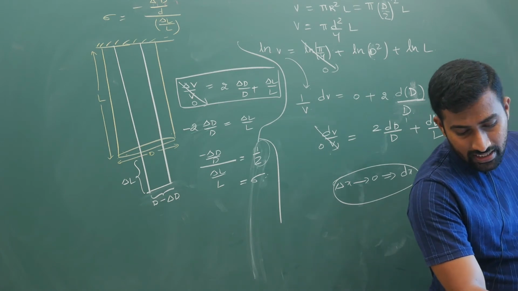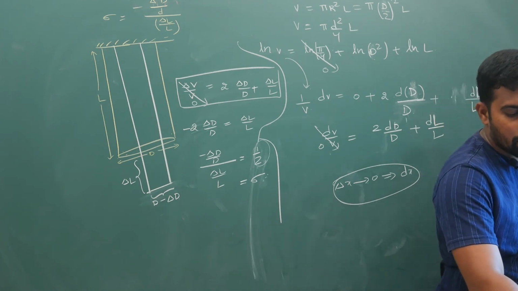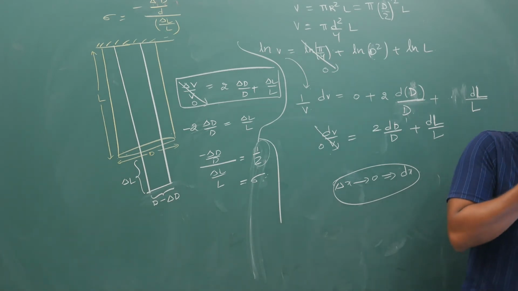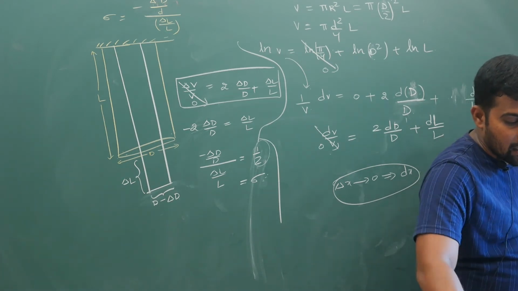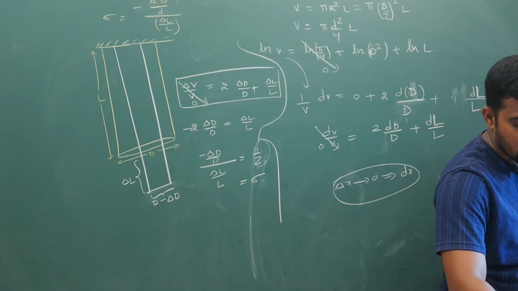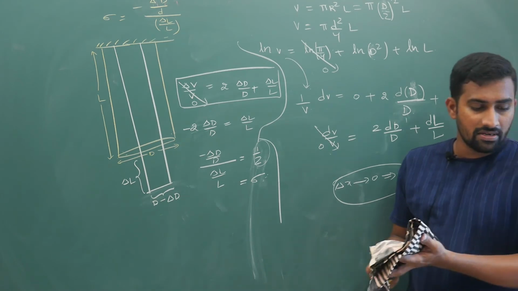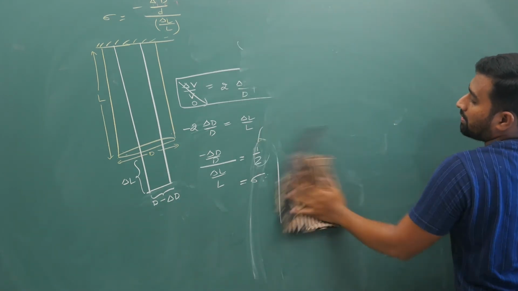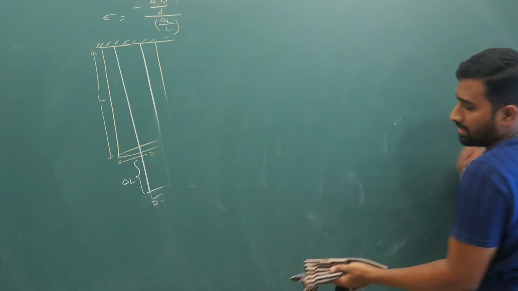So it is not required. That part we will see in my problem solving session, the relations between different moduli of elasticity. But still, for those who are watching these videos, the relations between the different moduli of elasticity are given like this.